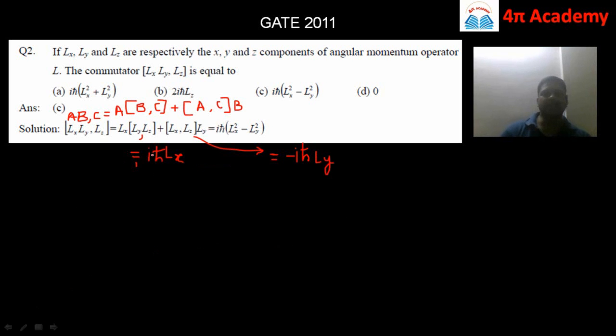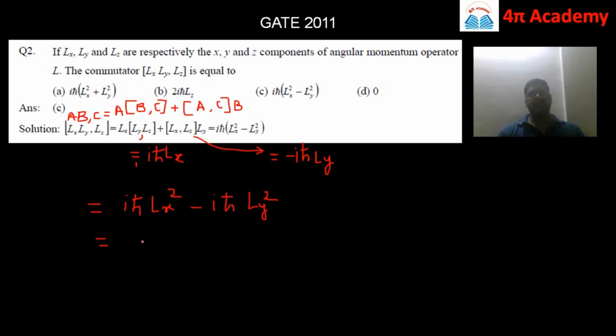And hence if we substitute these values, then finally the answer will be equal to Lx into Lx, that is Lx square into IH cross. So this is IH cross into Lx square, then minus this Lx Lz is minus IH cross Ly into Ly, so this will be Ly square, and therefore it is minus IH cross into Ly square.